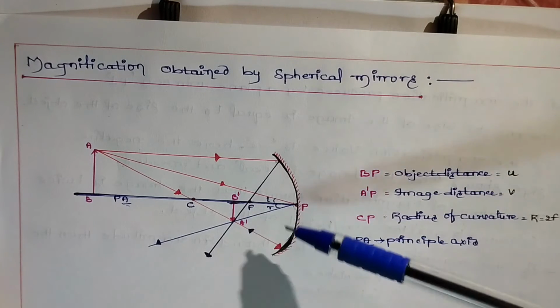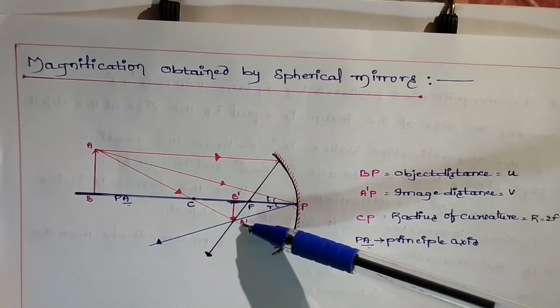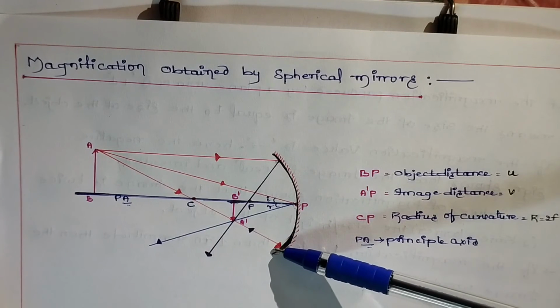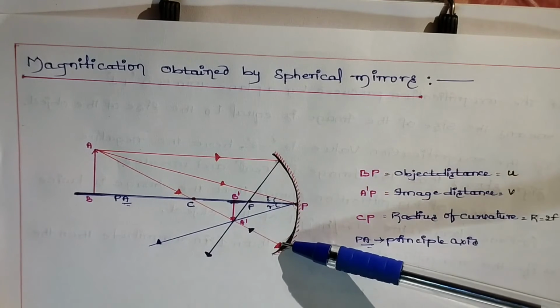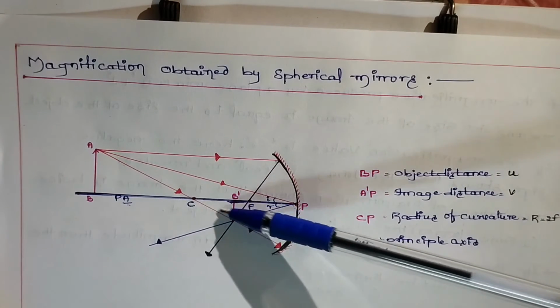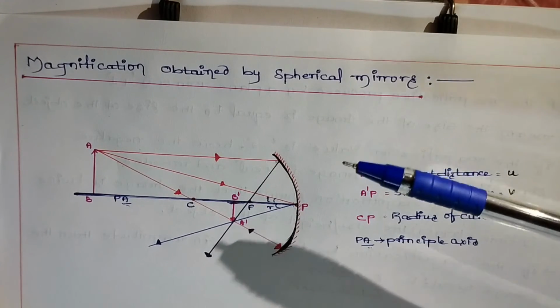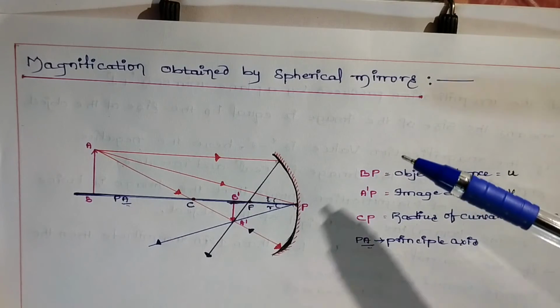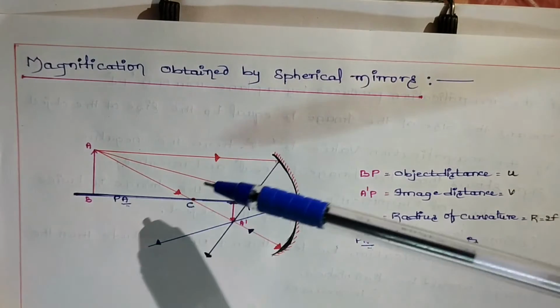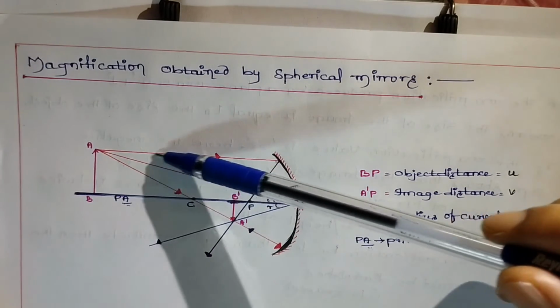Here also this line acts as a normal, because any line that joins any point on the mirror from the center of curvature is nothing but a normal.